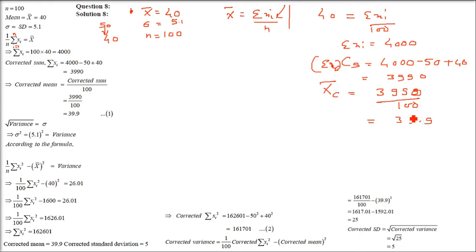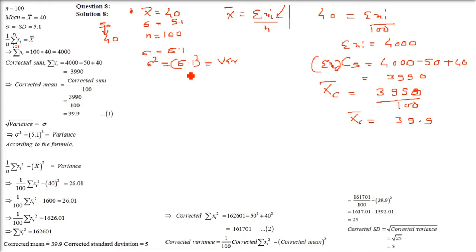Now let's go to the variance and standard deviation. Here we are going to use this corrected x bar. Sigma is 5.1, so sigma square will be 5.1 whole square, which is the variance. Variance is sigma square, sigma is the standard deviation.